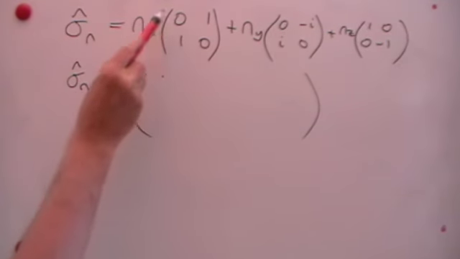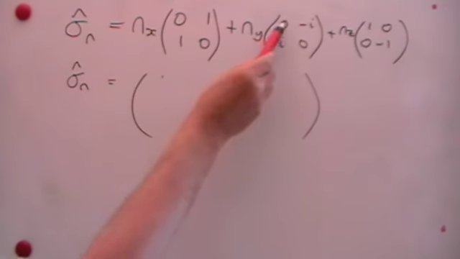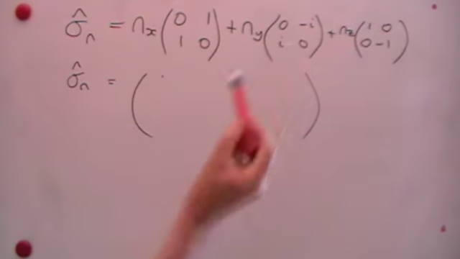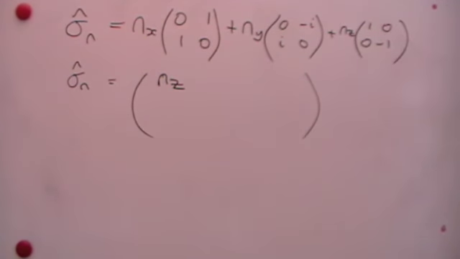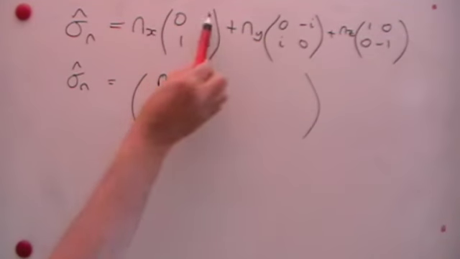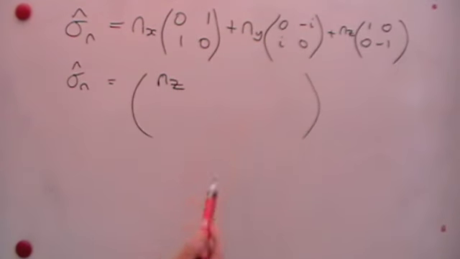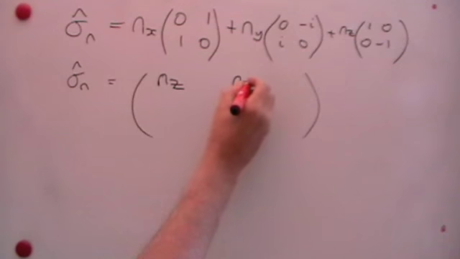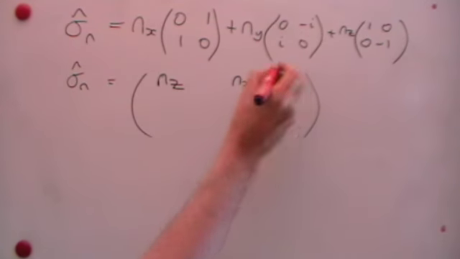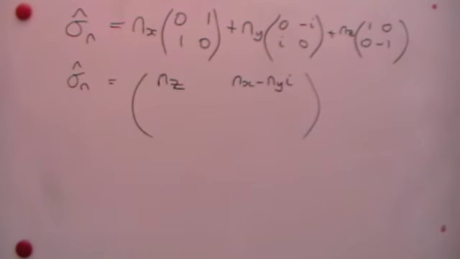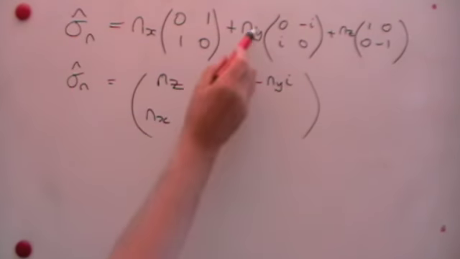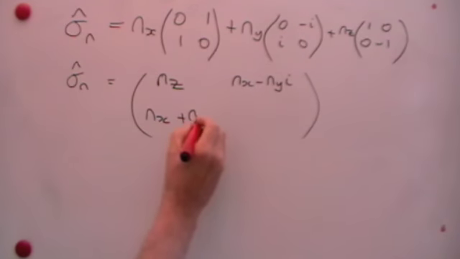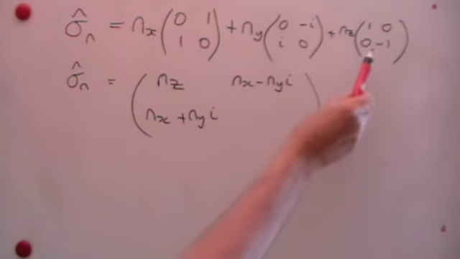Well, there's nothing, nx times nothing, ny times nothing, and nz times 1. So you're just going to get an nz up here. Top right-hand corner, we're going to get an nx minus an ny i. So this is nx minus ny i. Bottom left-hand corner, we're going to get an nx plus ny i.